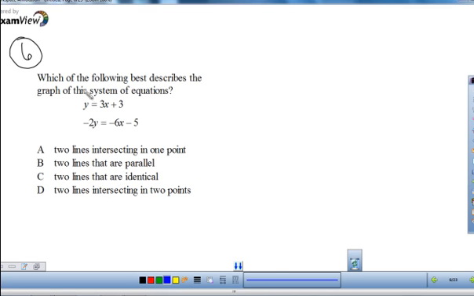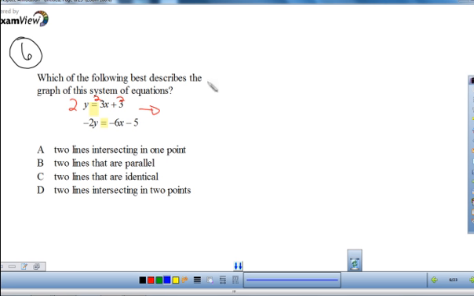Number 6 says, which of the following best describes the graph of this system of equations? So notice, once again, my equal signs line up. Okay. So I'm going to get rid of the y's. So the easy thing to do is to multiply by 2.